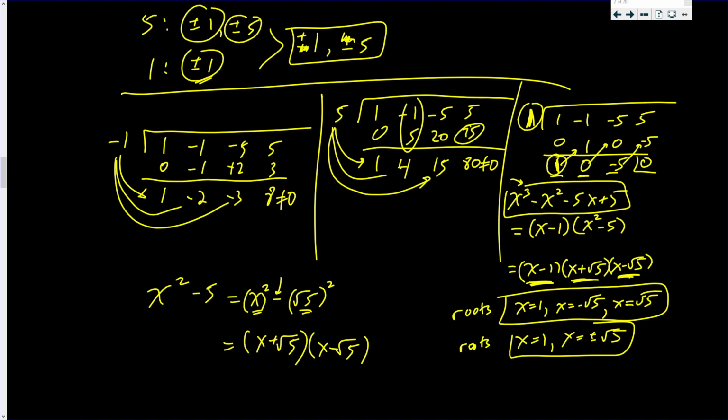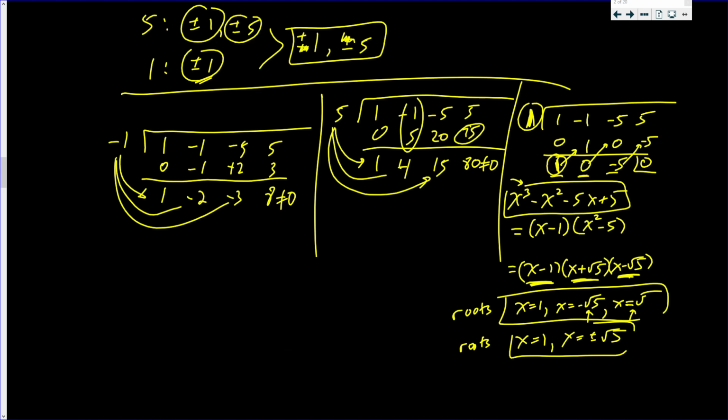Notice that the plus and minus square root of 5 are not rational. They are irrational. But I was still able to find them. Now, let us just talk about this one more time.